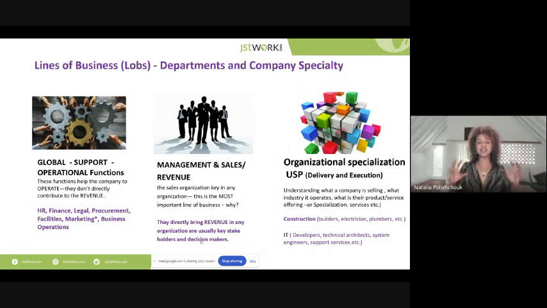Now, here's where size plays a really, really big role. Imagine I run a company with 10 people and I just look at the global functions. Do I need a permanent HR person? No. A permanent finance person? No. A permanent procurement or legal or facilities?